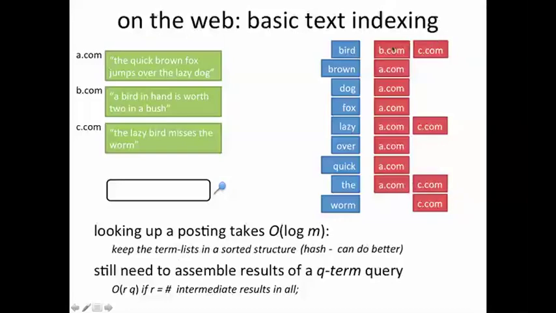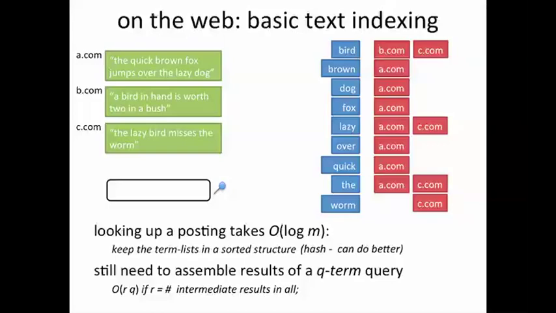Even though C.com is repeated, you count it twice because you have to traverse both this list as well as this list. To show that this is the case is something I'll leave to you as homework, and we'll come back to this as a homework question later on.